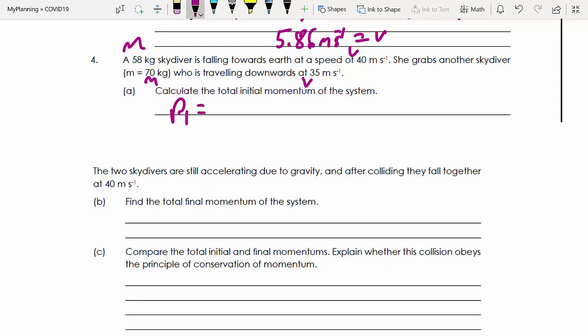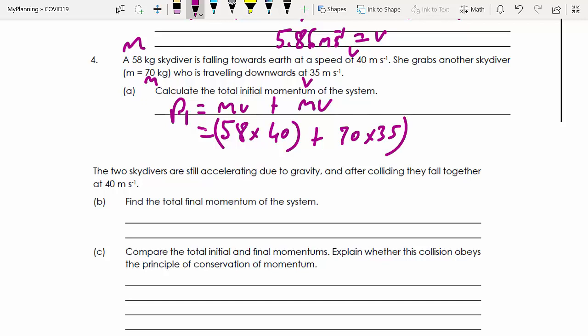So Pi is mass times velocity plus mass times velocity, which is 58 times 40 plus 70 kilograms times 35. If I type that into my calculator, I get 4770 kg m s minus 1.